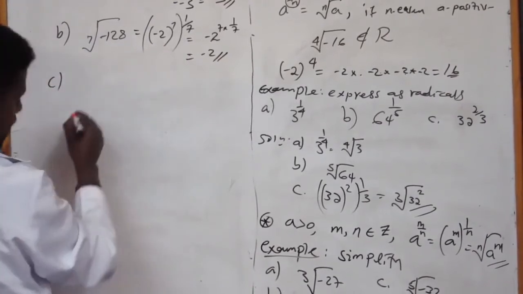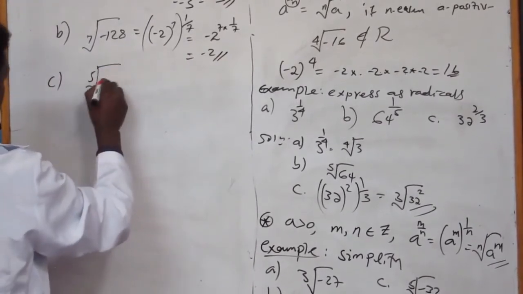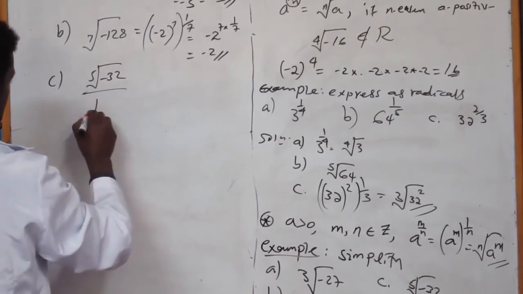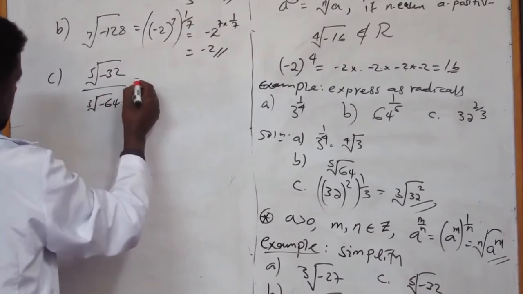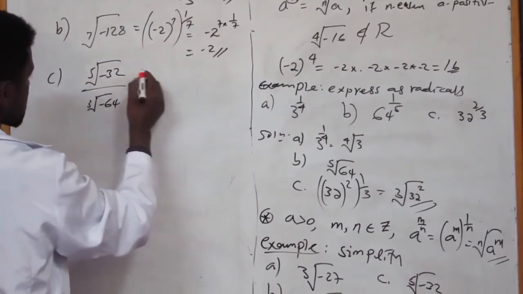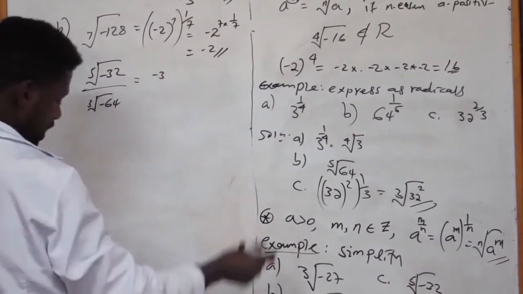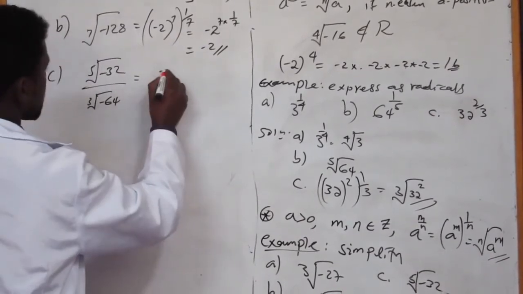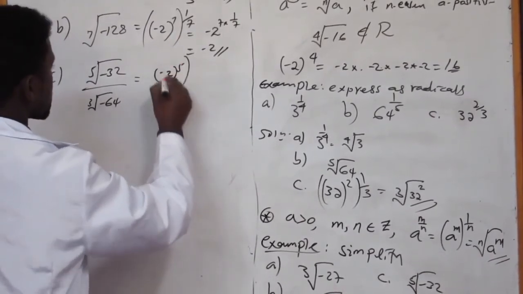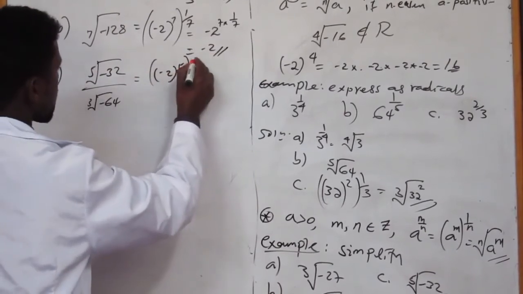C says the 5th root of negative 32 divided by the 3rd root of negative 64. We can write negative 32 as negative 2 to the power of 5, the whole to the power of 1 over 5.